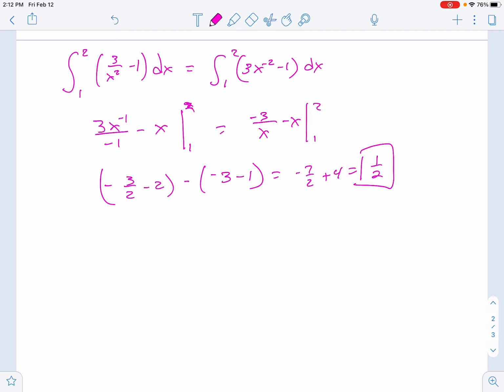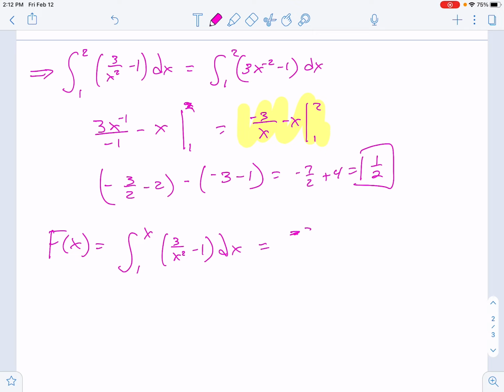Now, let's turn this into a function that's defined as the integral from 1 to x of 3 over x squared minus 1 dx. Since we just did this, we know the antiderivative is right here. So I'm going to fill in my antiderivative.